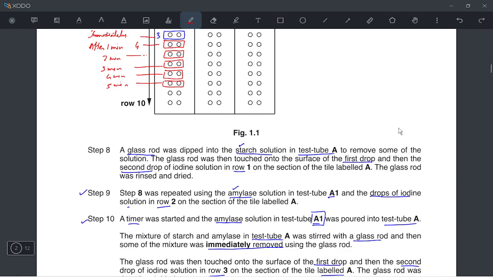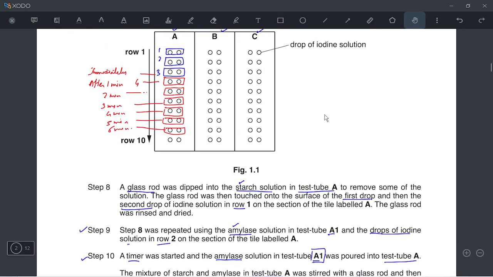This is the first, second, third, fourth, fifth, sixth minute. And lastly, the 7th minute.